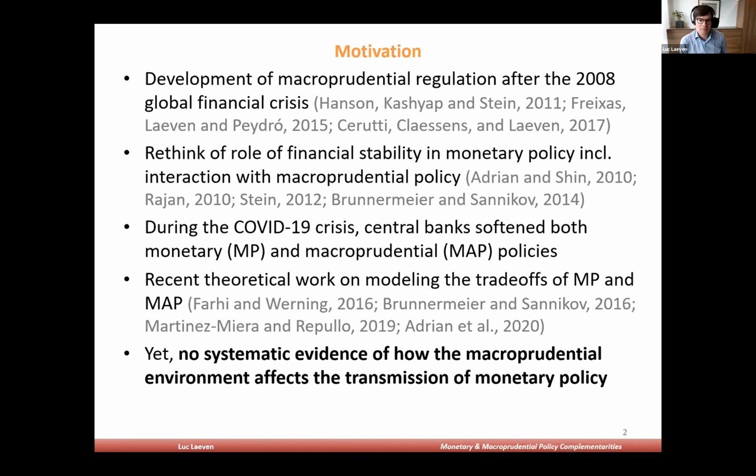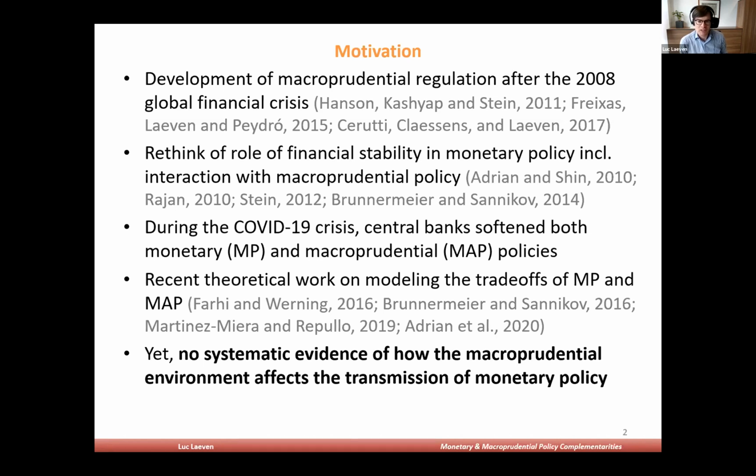Last year, when we faced this awful shock of the pandemic, was also the first time that these two policies were operating in tandem. And after they had been built up in many years, there was some softening in both policy domains. That also gives rise to many questions that we can address in the framework that I will present today.